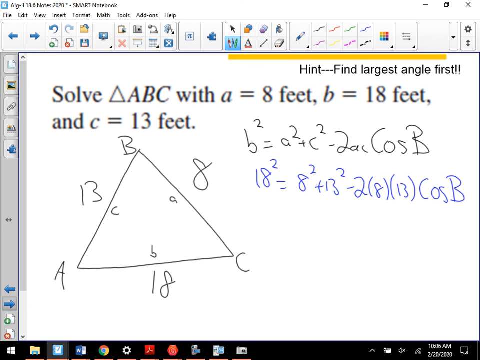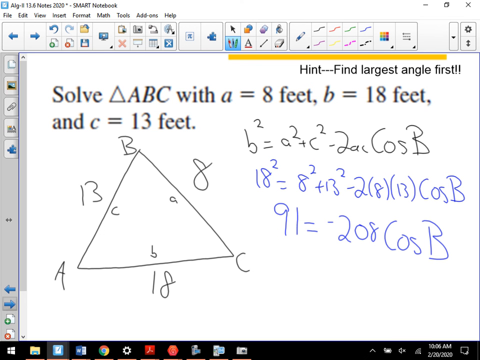That's multiplying. That's just some crappy decimal. What do you have to move first? The addition parts. So right away what I would do is this. Just in my calculator, 18 squared subtract 8 squared subtract 13 squared. And I'm going to write that down. 91 equals, well, negative 2 times 8 times 13 is negative 208 cosine B.